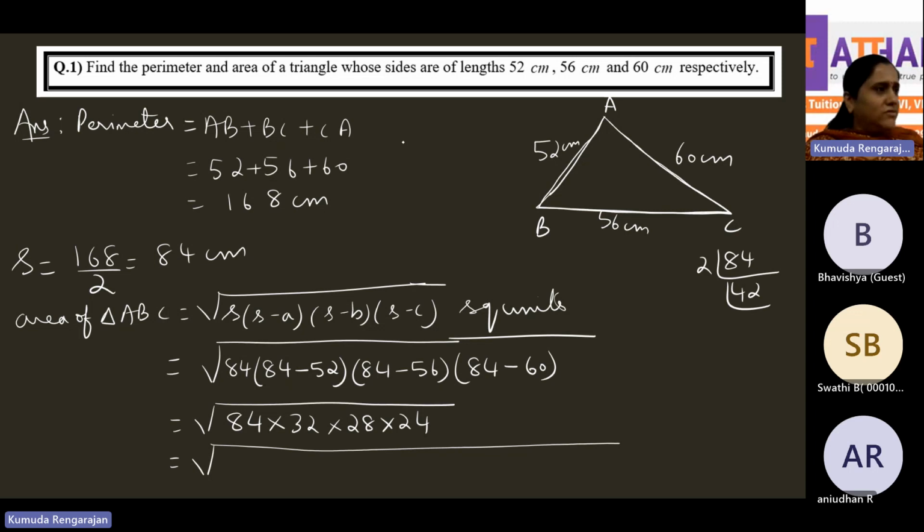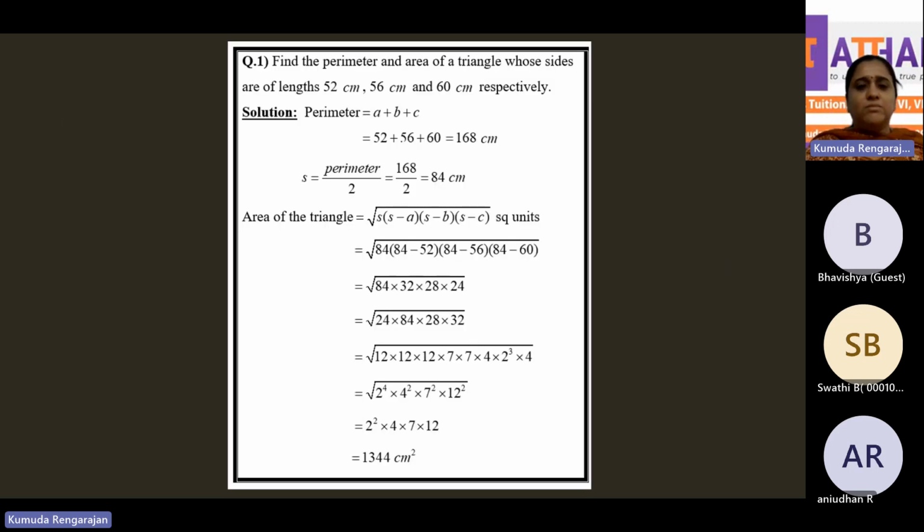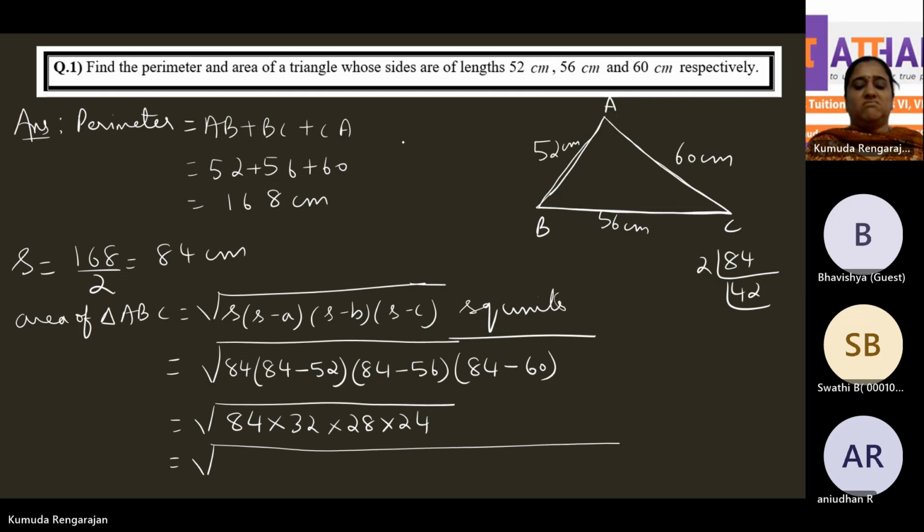Well, 672 is it? I have 1344. Aniruddhan also found it, ma'am. What's your answer? 1344, ma'am. Yeah, even I have the same answer, but all the others are getting something else, 672.